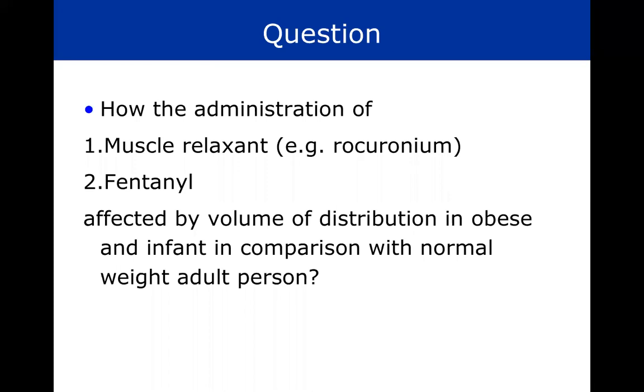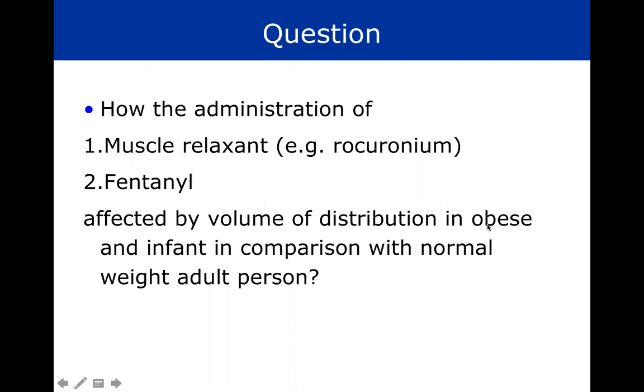Okay, so to know the effect of a drug we have to know two important points. First, is the drug water soluble or lipid soluble? Here in these two examples, rocuronium is water soluble while fentanyl is lipid soluble. This is the first important fact. The second fact regarding the volume of distribution in the obese: the volume of distribution is increased in the obese due to an increase in the fat cells.